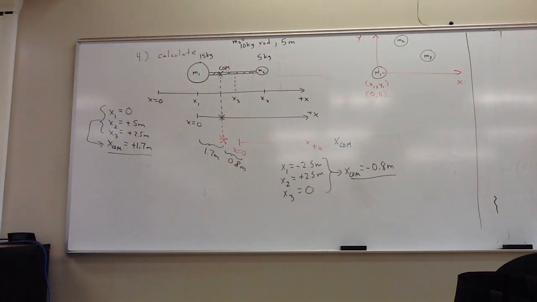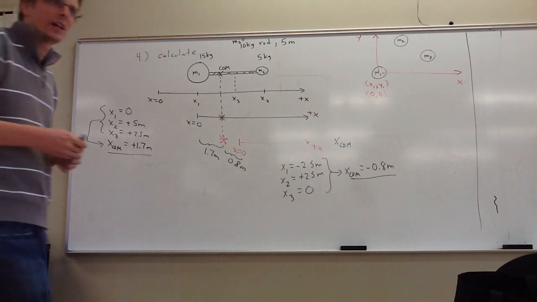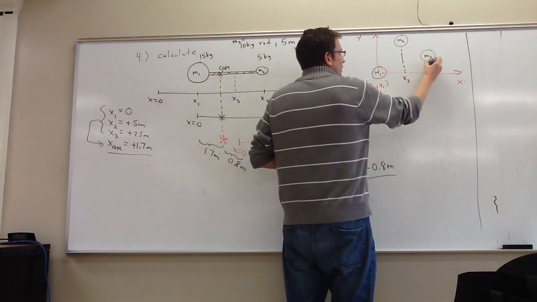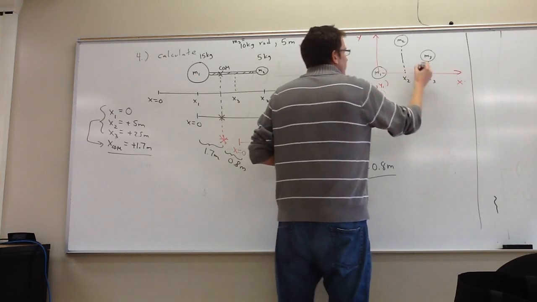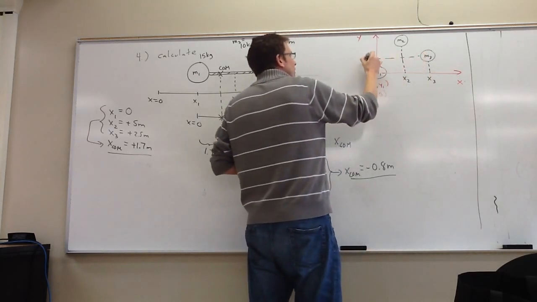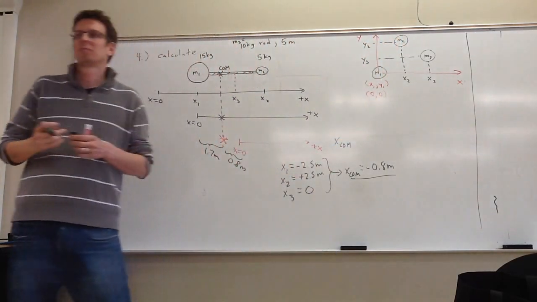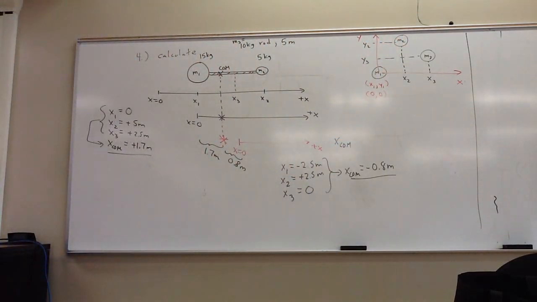And then, of course, you can also identify the x and y coordinates of both of these masses, right? That's x2, that's x3, this is y3, this is y2, okay? So to find the x-coordinate of the center of mass, you use the exact equation that we just used.